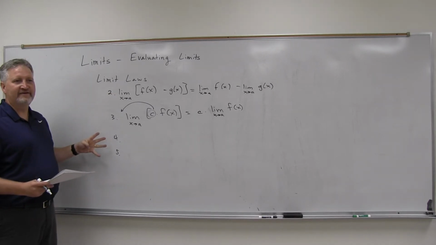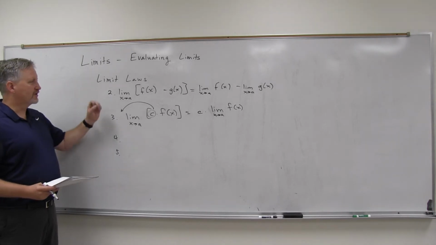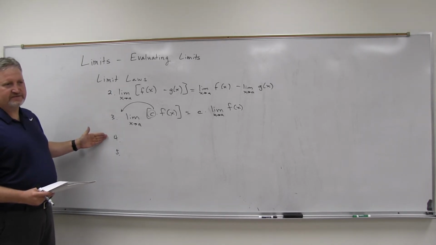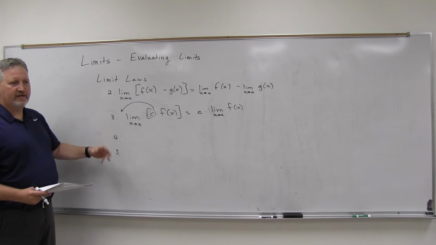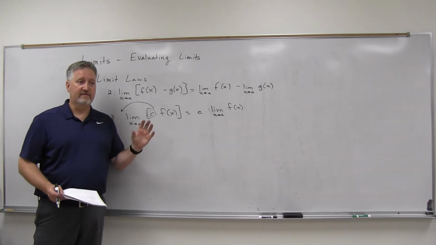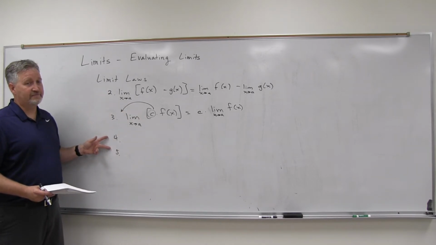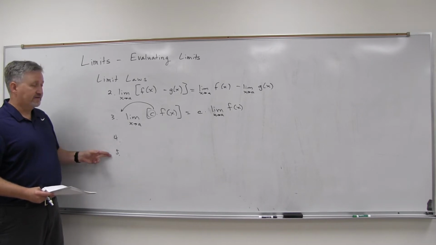Number 4 and 5 are the analogous ones to 1 and 2, except what do we have in 4 and 5? Number 4 is multiplication, and number 5 is division. So you can do the same thing on limits with multiplication and division. Now, I would point out that these limit laws 4 and 5 are very special, that you can do those with multiplication and division, because we're going to learn some other rules that you can't do it with.